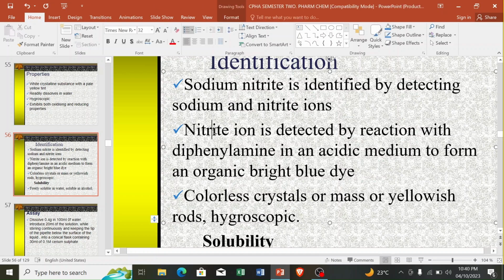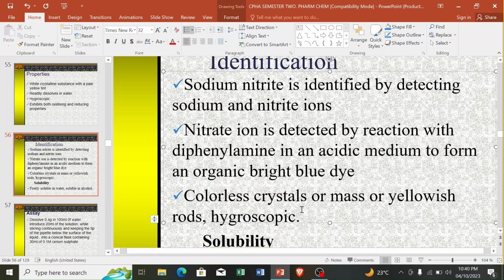These are two different things: we have nitrate and nitrite. And we have colorless crystals or a mass of yellowish rods that is hygroscopic.